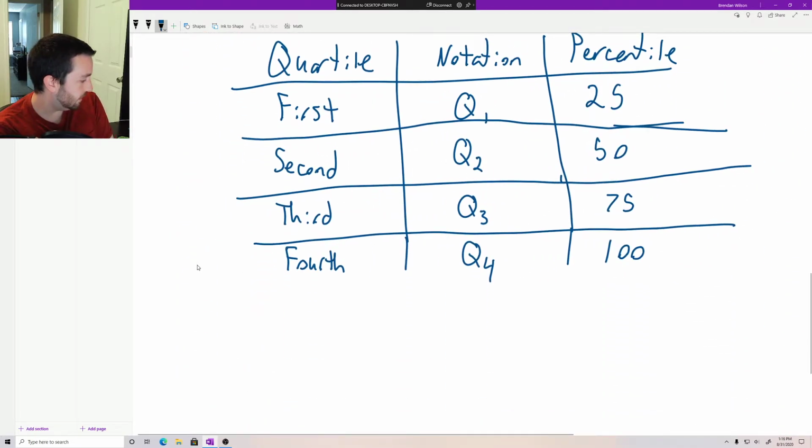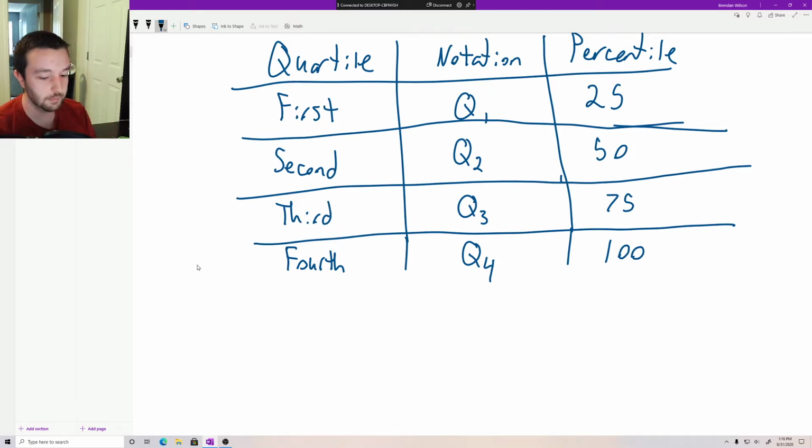So let's talk about, first of all, why would we use a percentile over just a percentage? For example, with the ACT, if you get every single question right, why don't they tell you got 100%? Why do they tell you got a 36 instead? Or if you get a 50% on the exam, if you get half the questions right, why don't they just tell you got a 50% instead of giving you a number?